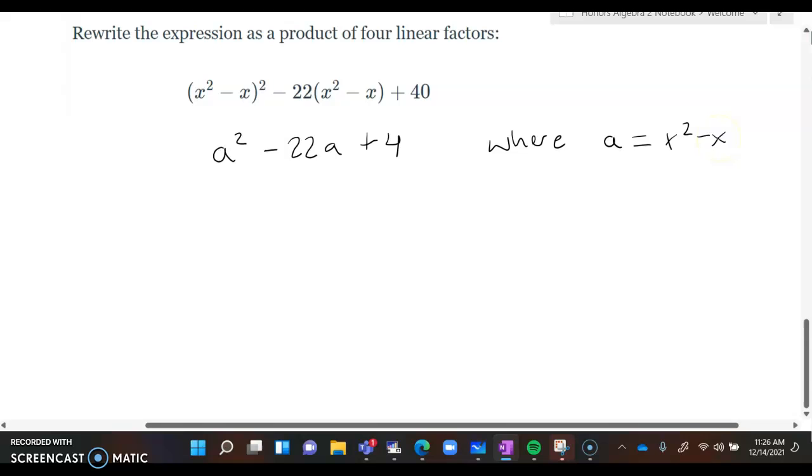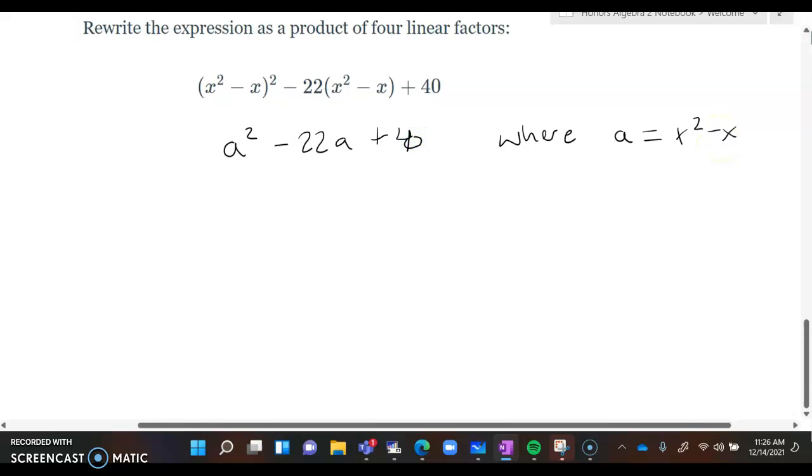So we factor a squared minus 22a plus 40, whatever that is, give me a second.